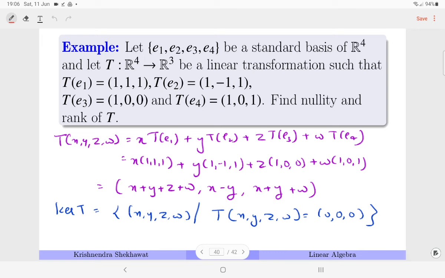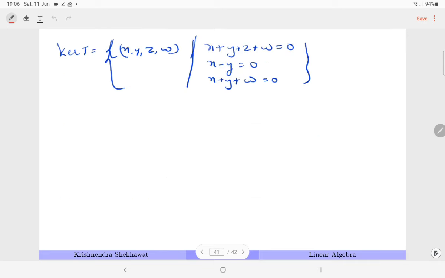Now if I have to find the kernel of T, since I am interested in nullity and rank of T, kernel T is all those (x, y, z, w) for which T of (x, y, z, w) becomes (0, 0, 0). This gives me 3 equations. It's a homogeneous system of equations with 3 equations and 4 variables.